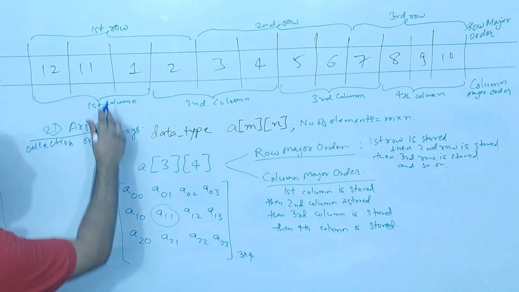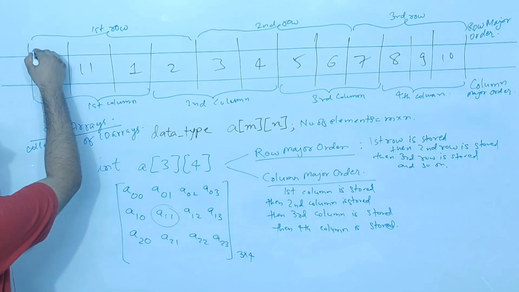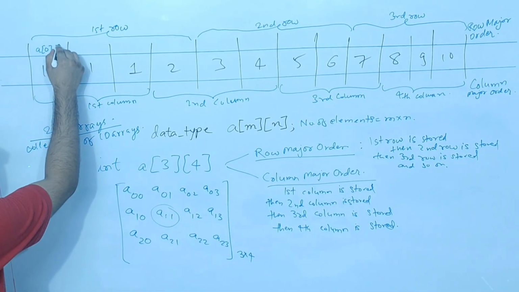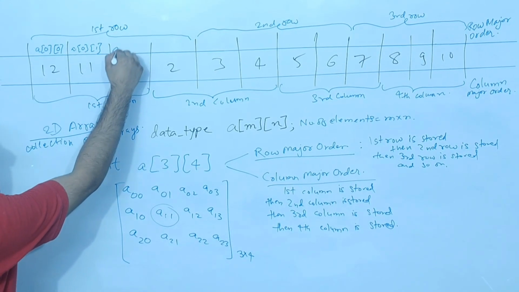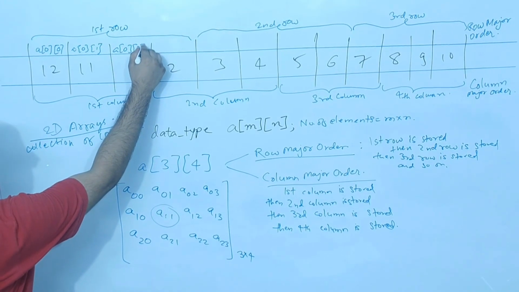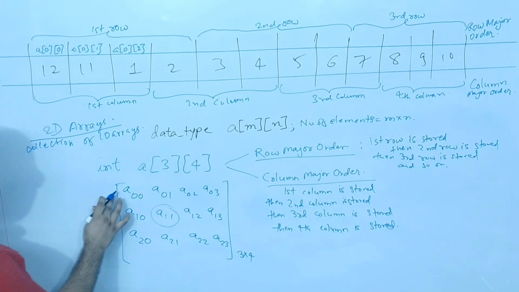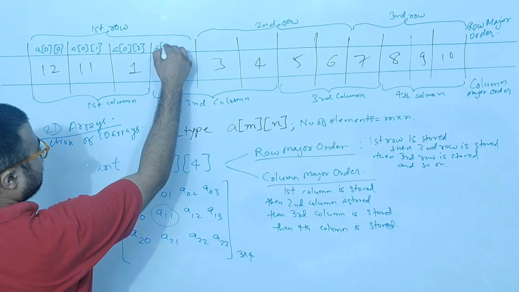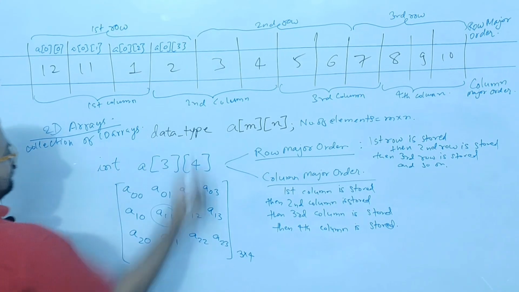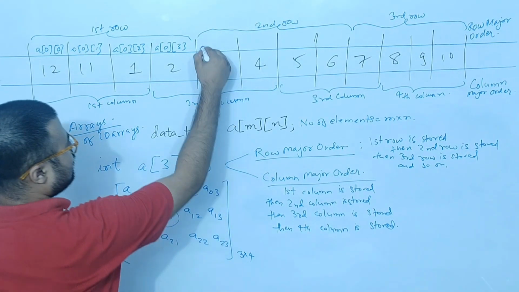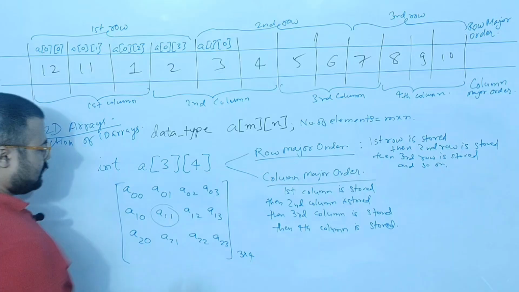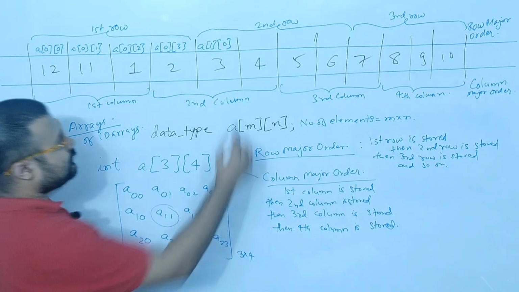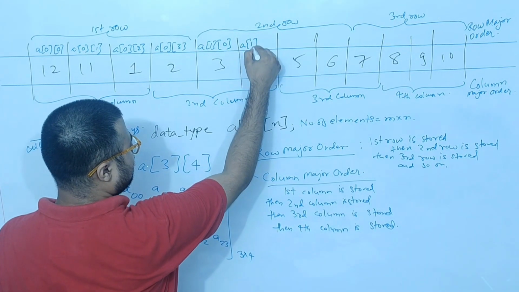If it is row major order, the indexing will be: this is the A00 element, this is A01, this is A02, first row A03, then second row A10, A11, A12, A13.